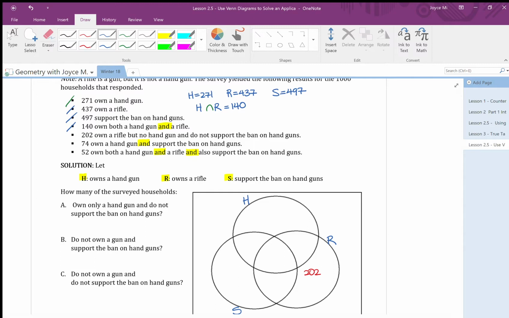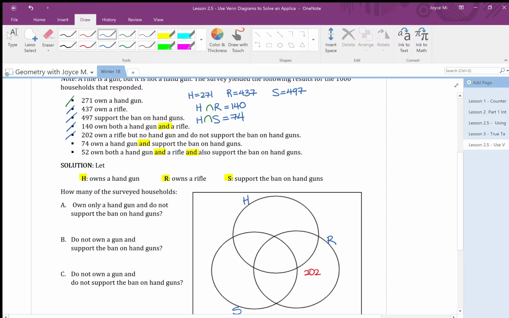And I can take out this piece of information here. Next one, 74 own a handgun. Own a handgun is H, and support the ban on handguns, we use this notation, support the ban is S. So that is equal to 74.